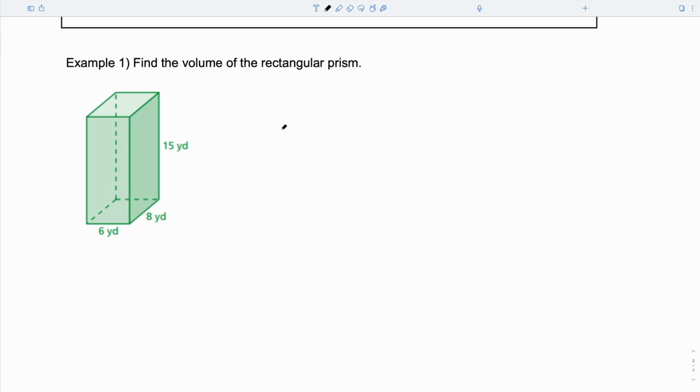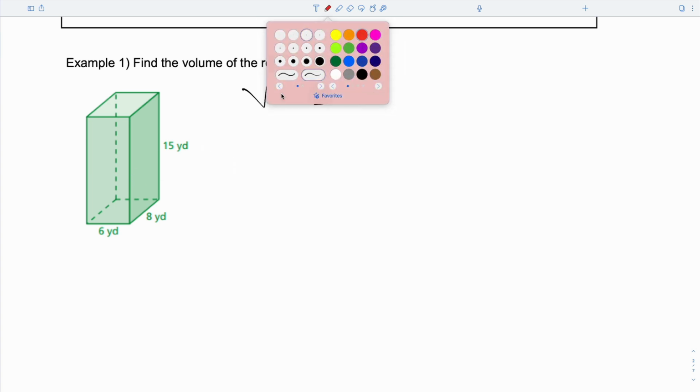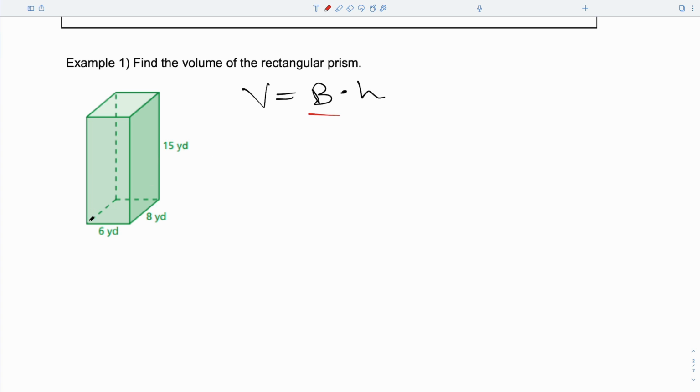The volume of this rectangular prism is this formula, the area of the base times the height. Write B times H. Your base is a rectangle. What is the length and the width of the rectangle, Blake? This base on the bottom. 8 and 6.